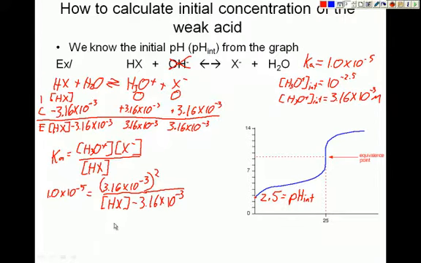Okay, and if you solve for HX, you multiply 1 times HX minus 3, and then you solve everything, you'll find that HX equals 1.0.